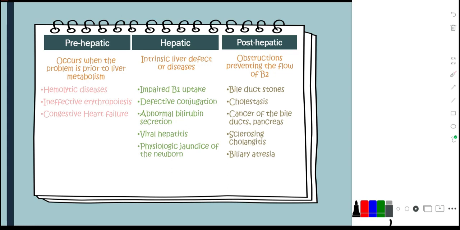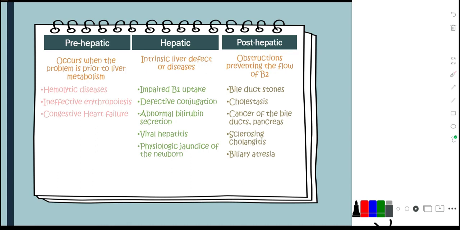So nagsaka ang B1 not because nga may problem ang liver, but it's because nag-increase ang levels ng free hemoglobin. Also, in cases of ineffective erythropoiesis. Of course, if the red blood cells being produced by the bone marrow are abnormal, it is the job of your spleen to destroy such RBCs, because we could not allow abnormal red blood cells to be present in the circulation.